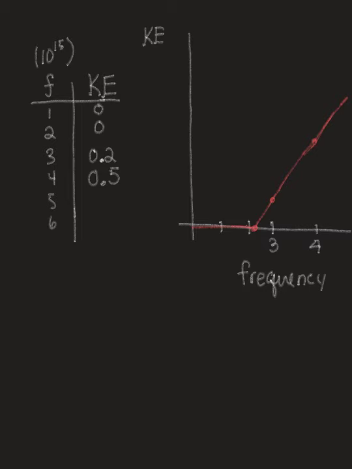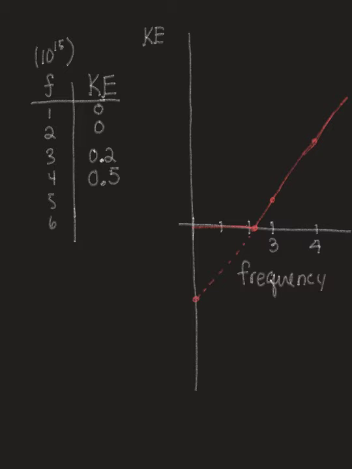And it's actually very closely related to the work function. In fact, let's say we plotted our line. If we extended it backwards, the y-intercept of this graph would give us the work function.